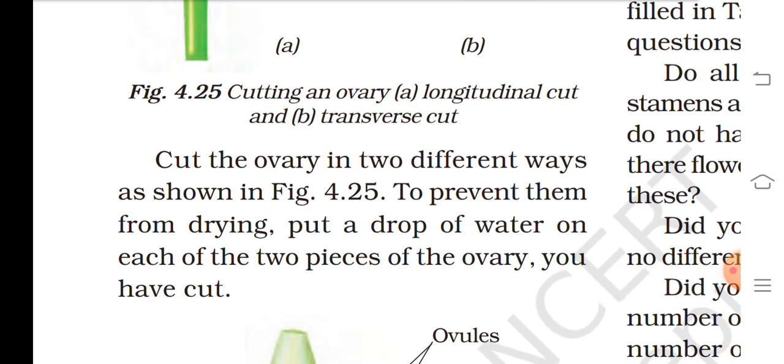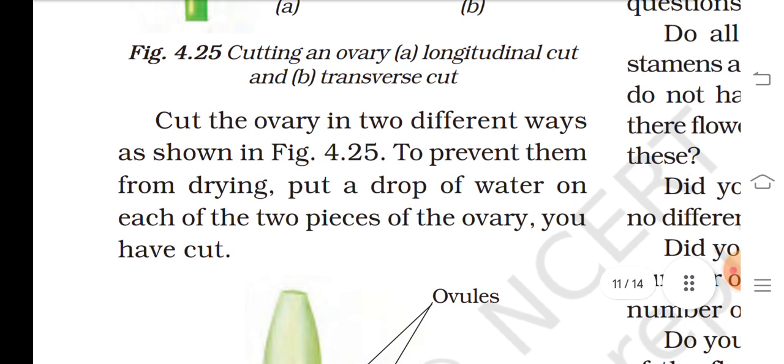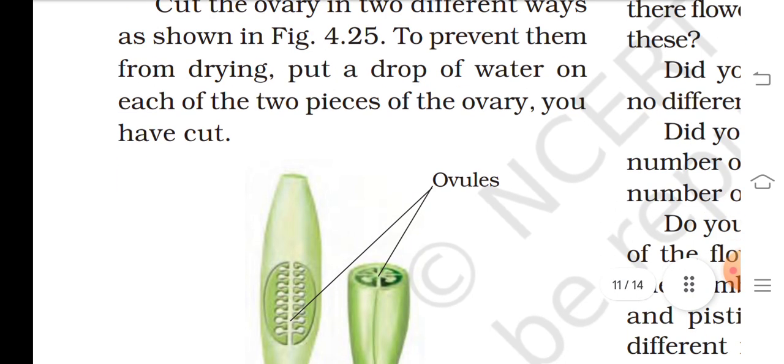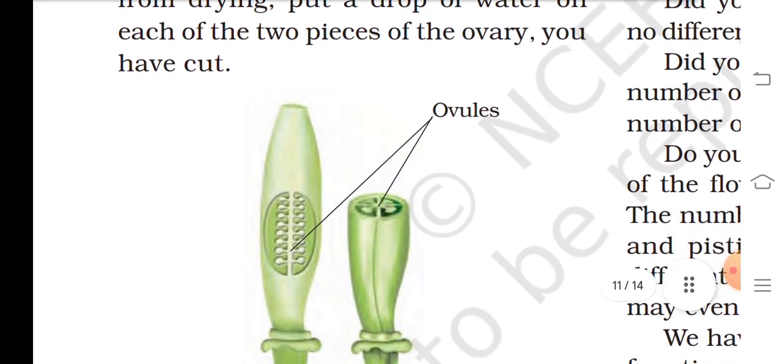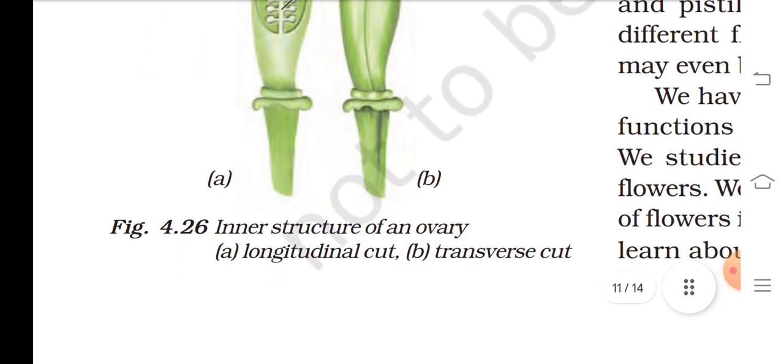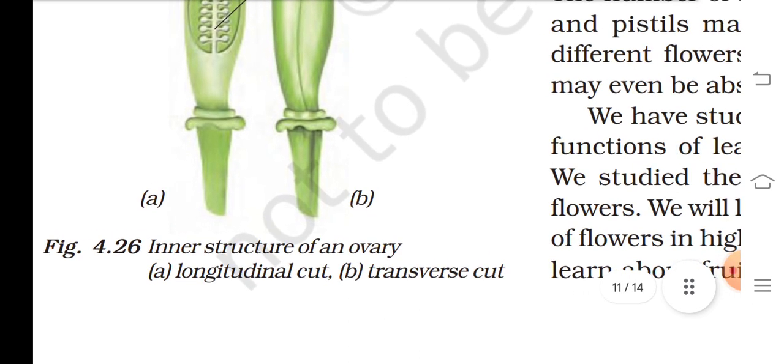Cut the ovary in two different ways, a longitudinal and a transverse cut, as shown in figure 4.25. To prevent them from drying, put a drop of water on each of the two pieces of the ovary. Inner structures of an ovary: longitudinal cut and transverse cut.